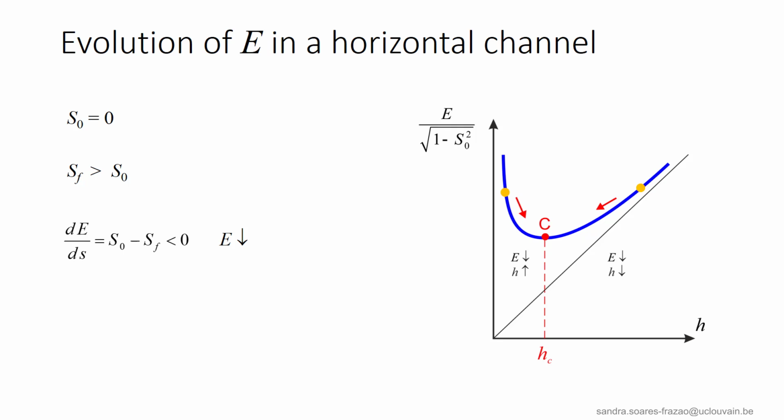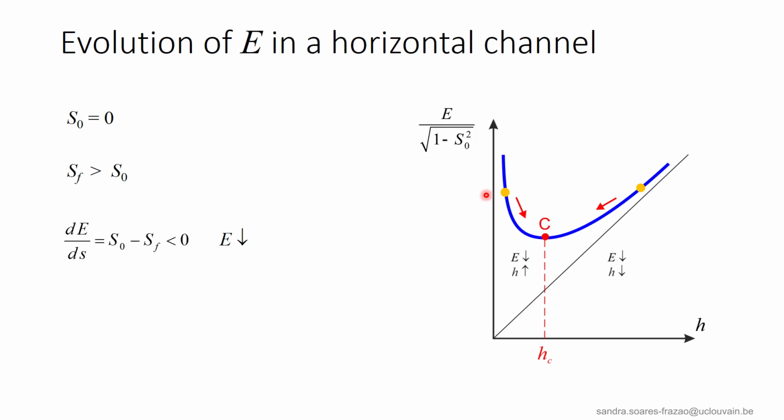The case of a horizontal channel is very similar to the adverse slope. There is no uniform flow possible, and as SF can only be smaller than S0, the specific energy will always decrease. This leads to the two same cases as before.